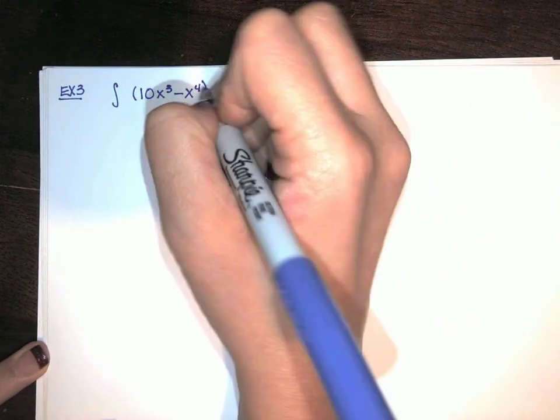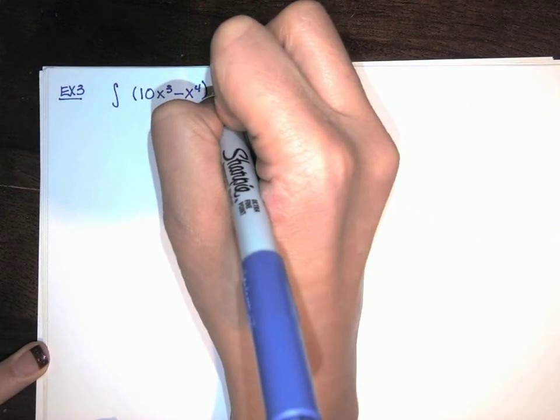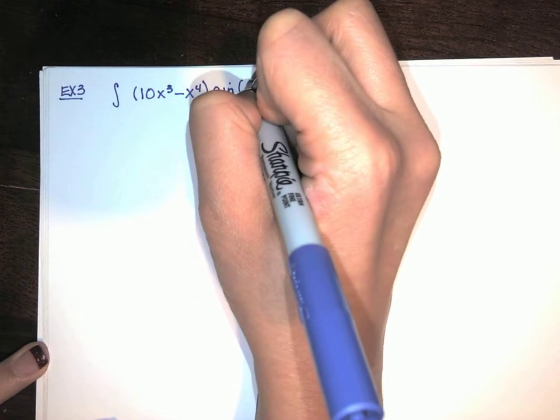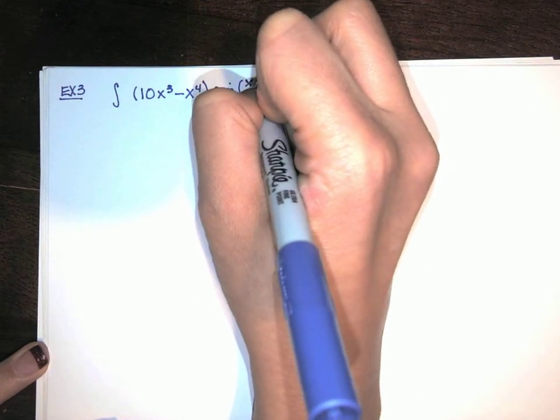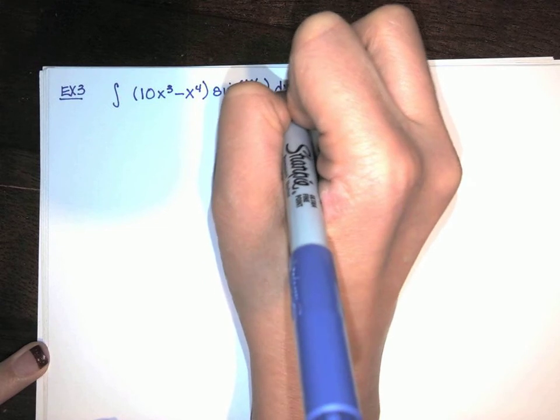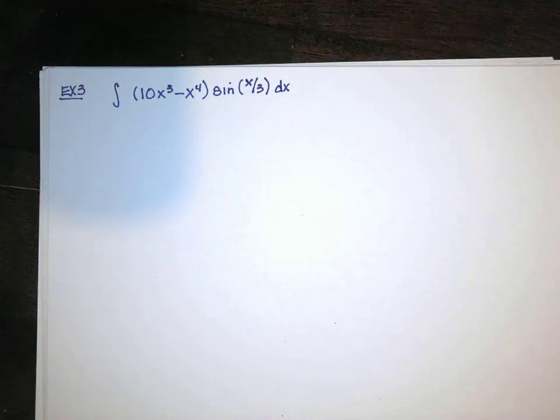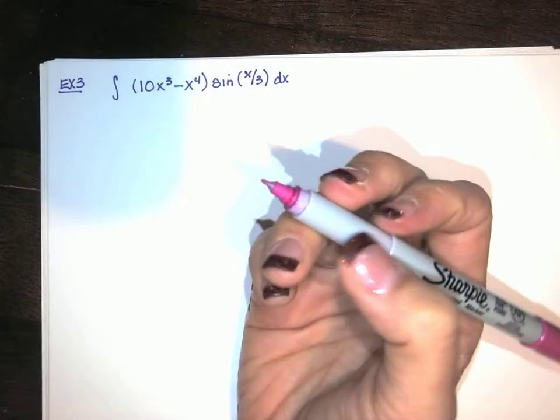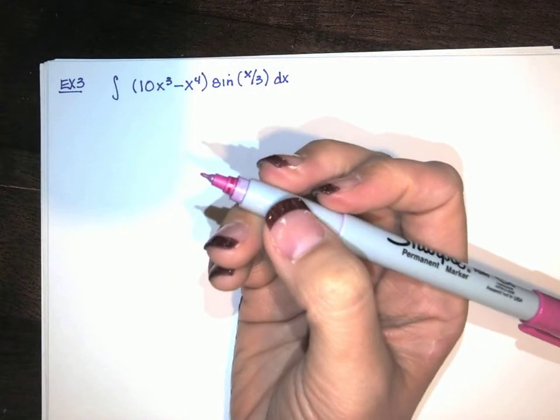I think I want to do another trig function. Let's do sine of x over 3. All right. So I notice basic rules do not apply. U sub does not apply. So integration by parts is the way to go.